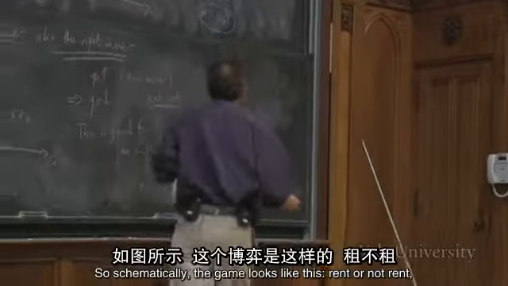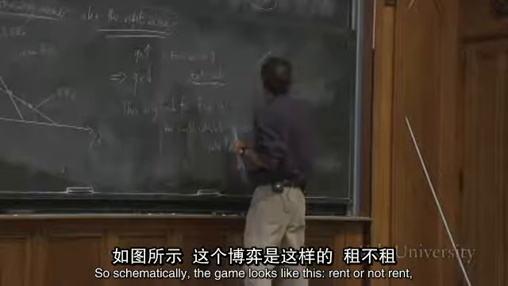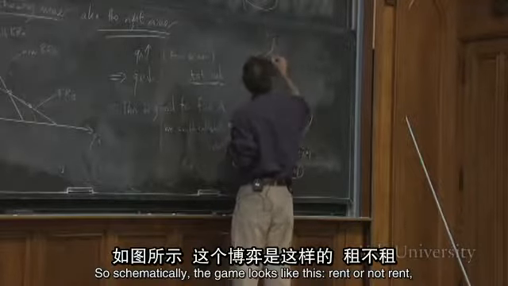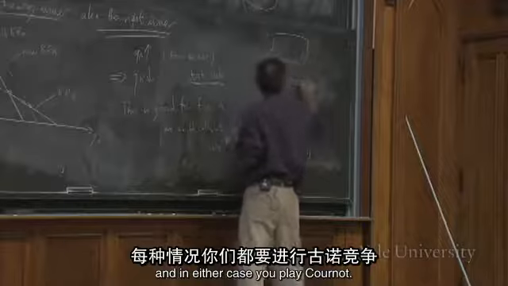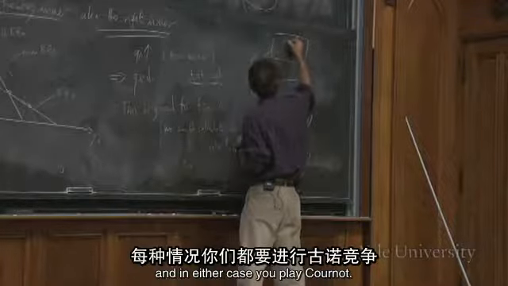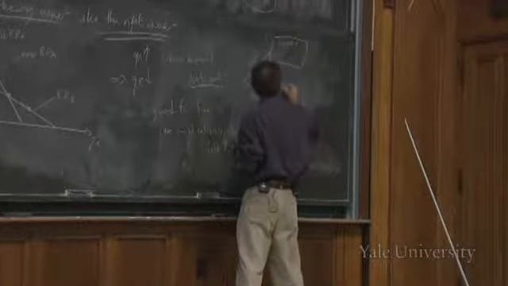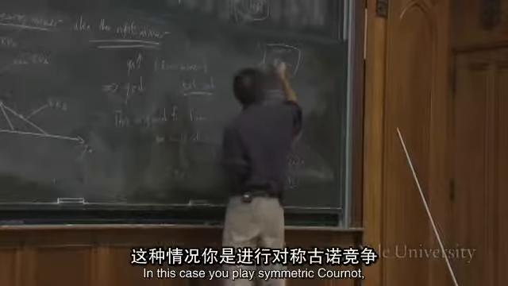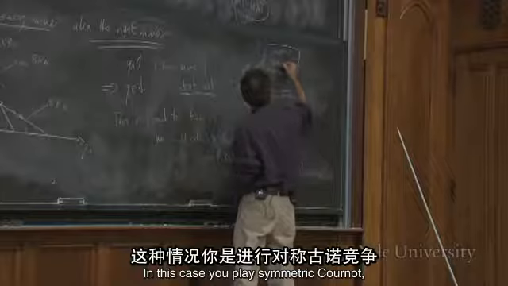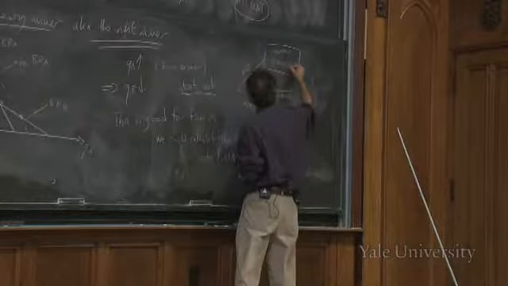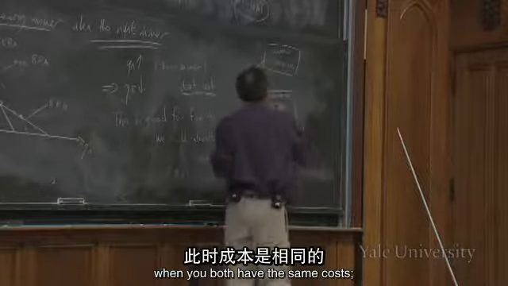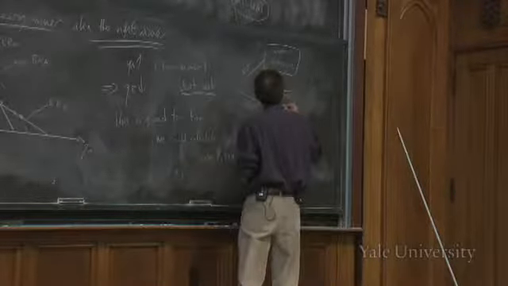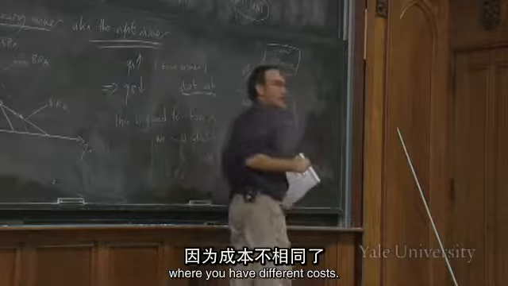All right, so schematically, the game looks like this: rent or not rent, and in either case, you play Cournot. Right, there's a subgame in each case. In this case, you play symmetric Cournot when you both have the same costs, and here you play asymmetric Cournot where you have different costs.